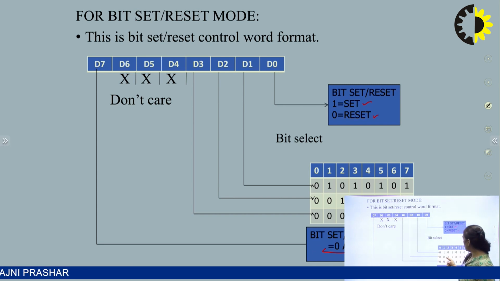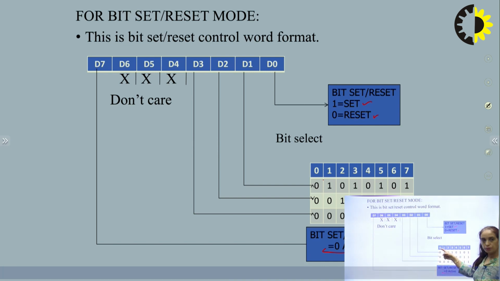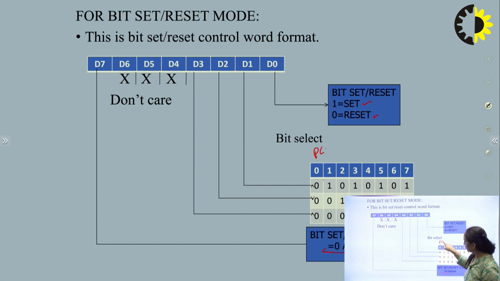If the values of D3, D2, D1 are 0, 0, 0, PC0 will be selected; 0, 0, 1, PC1; 0, 1, 0, PC2; 0, 1, 1, PC3; 1, 0, 0, PC4; 1, 0, 1, PC5; 1, 1, 0, PC6; and 1, 1, 1, PC7 will be set or reset as per the data provided at the D0 line, right?